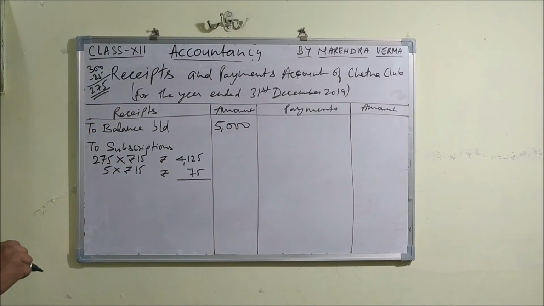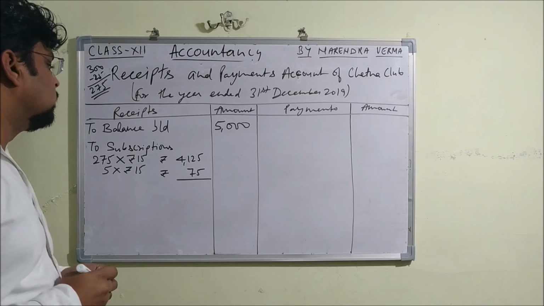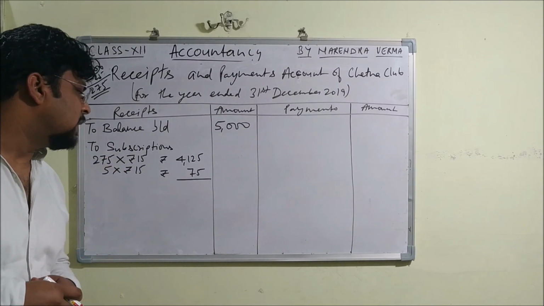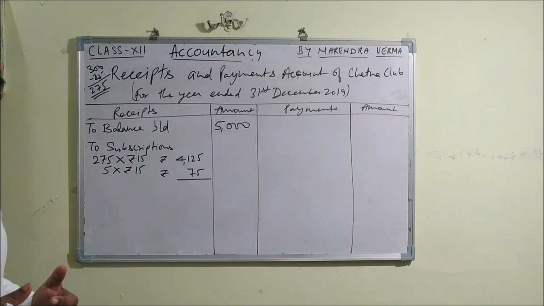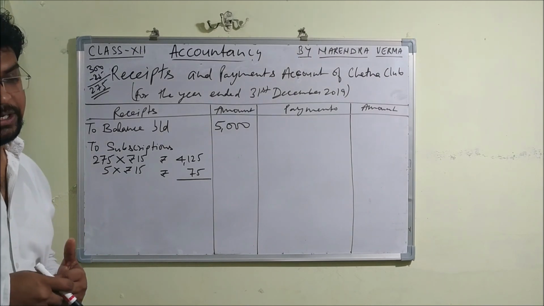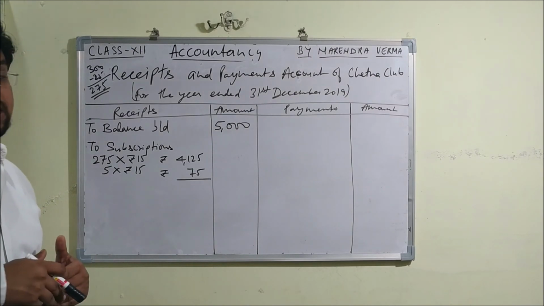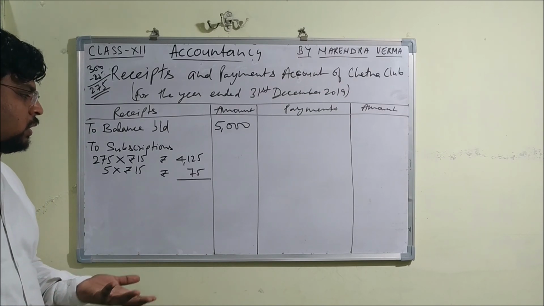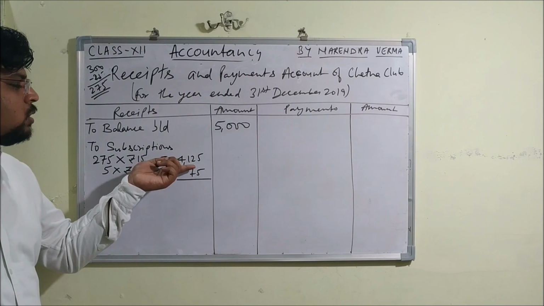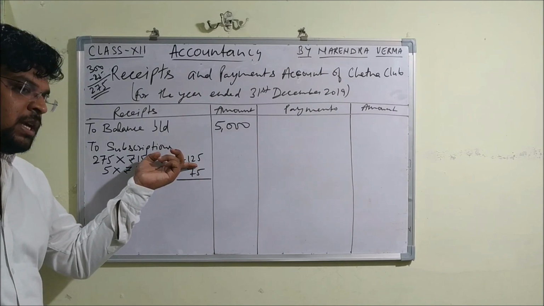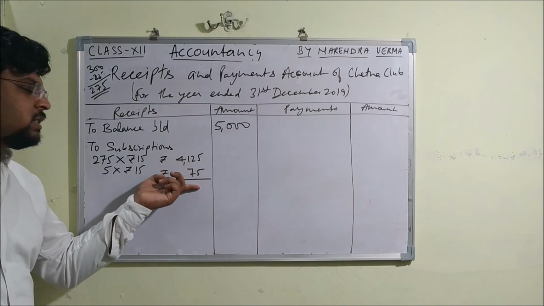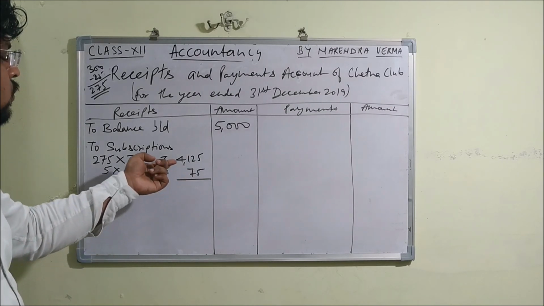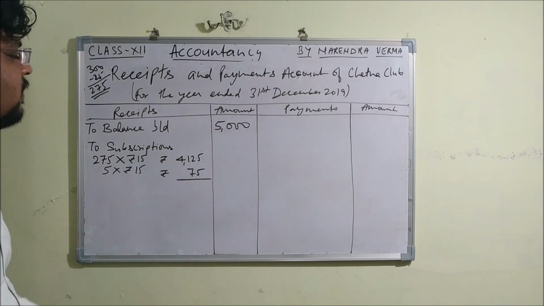Like I told you while explaining the features of the receipt and payment account, whatever amount has been received in cash, whether related to this year, next year or previous year, is recorded. So here we can see that only the amount related to this year has been received in this, and the amount related to next year in this. That's why we are mentioning here 4,125 and 75.